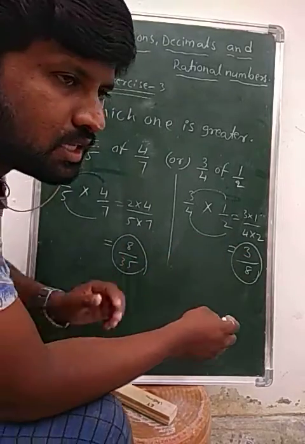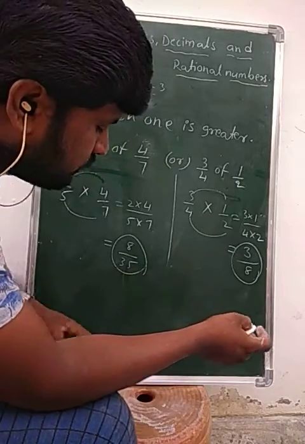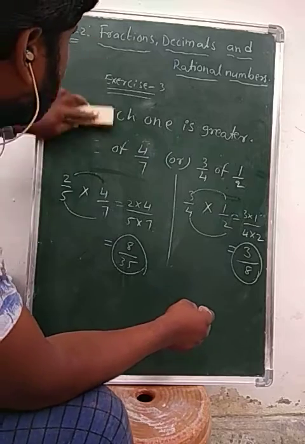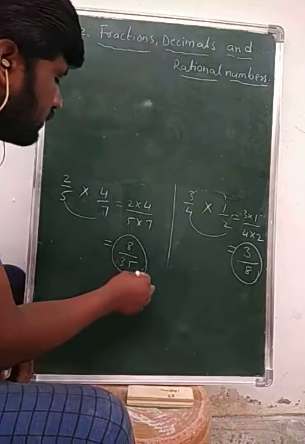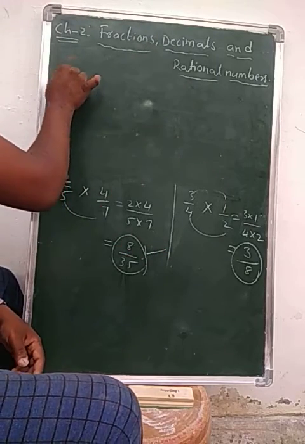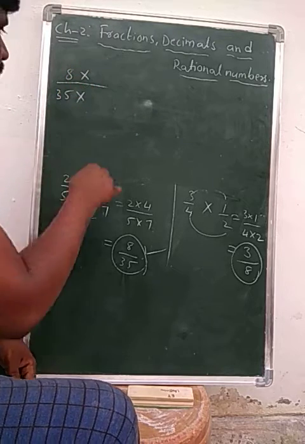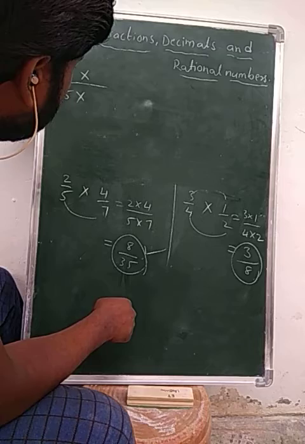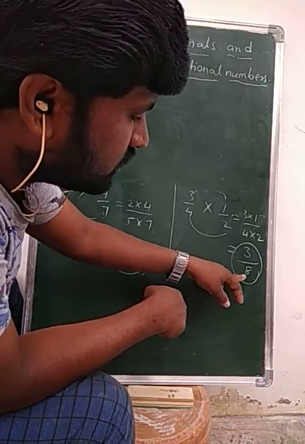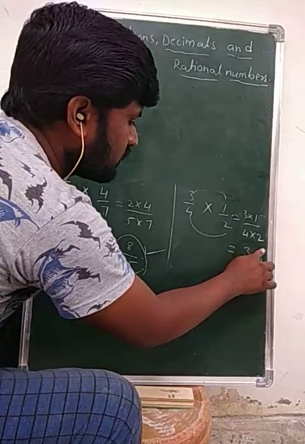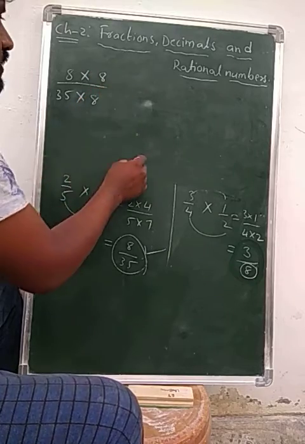into like fractions. We just convert them into like fractions. What I am doing here, you observe carefully. I am taking the fraction 8 by 35. I am multiplying its numerator and denominator with the second fraction's denominator, that is 8 and 8.